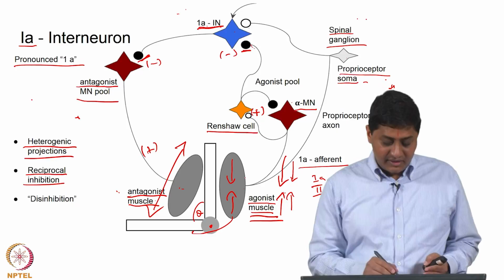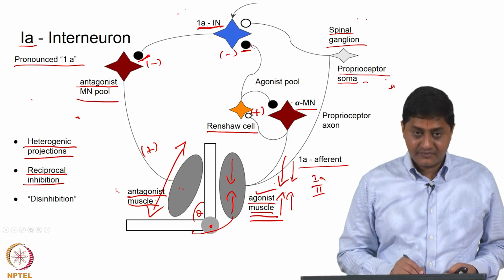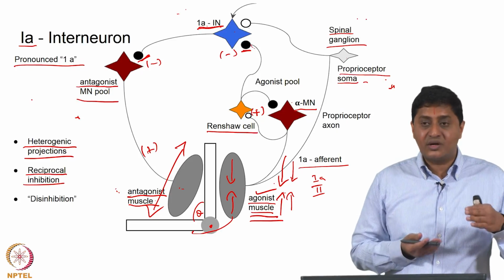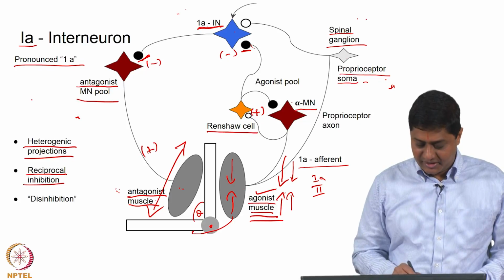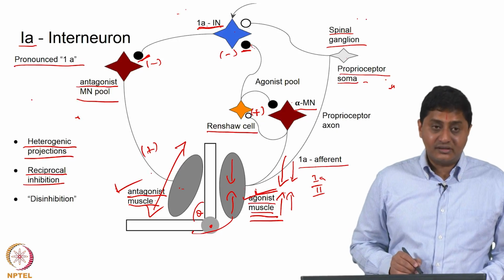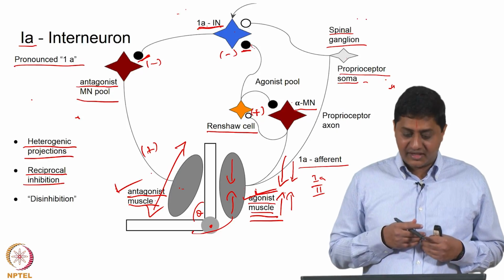As there is a contraction in the agonist, I want to increase the probability that the antagonist will also contract so as to balance the contraction provided by the agonist. So, as soon as this agonist is contracting, I want to contract the antagonist, or at least increase the probability that it will contract, right.